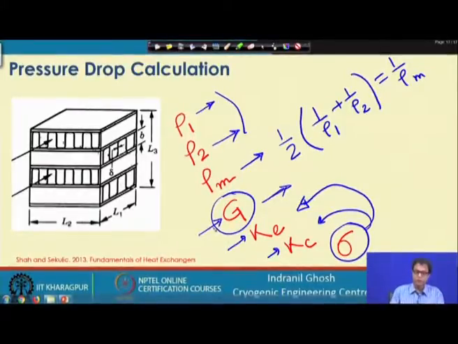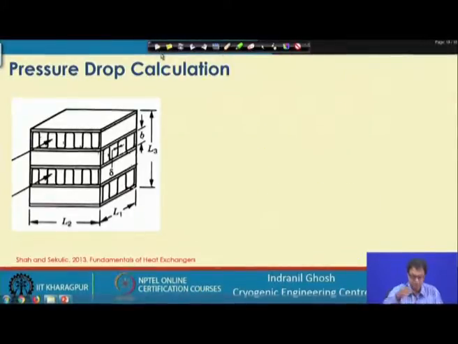So, if we look one by one into those parameters now, we will find that rho of the inlet can be estimated, if we assume it to be an ideal gas, using the PV equals nRT relation.